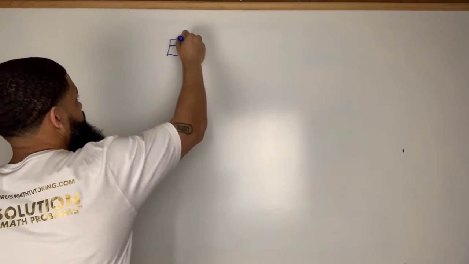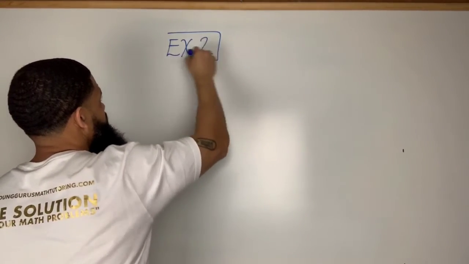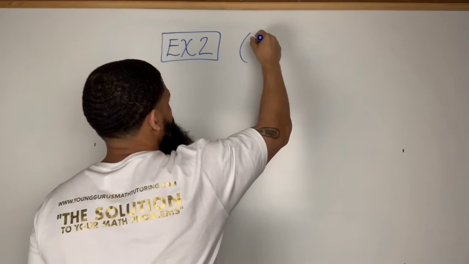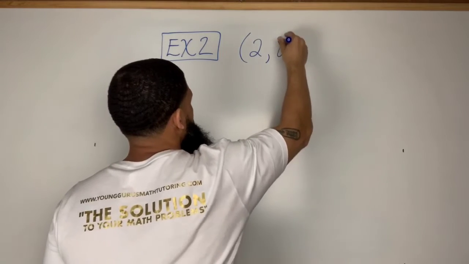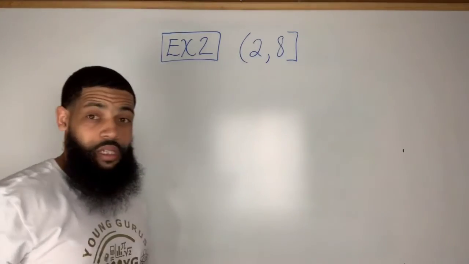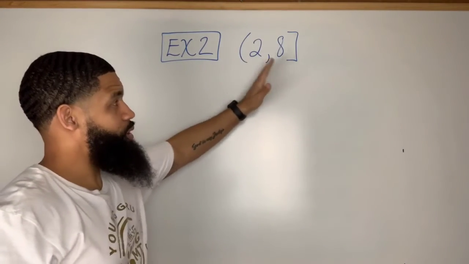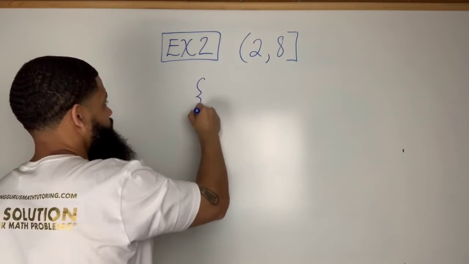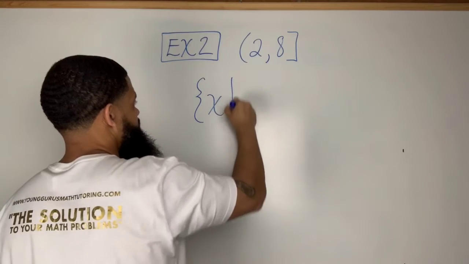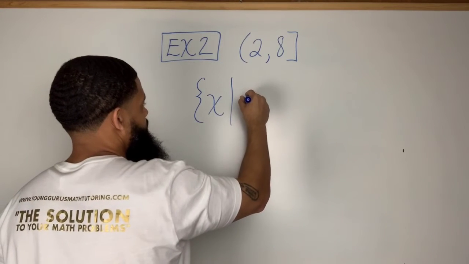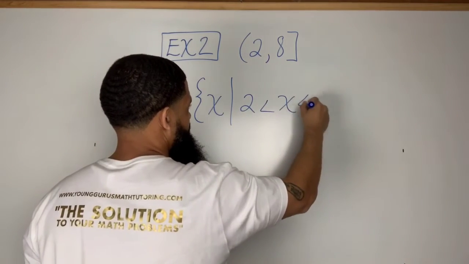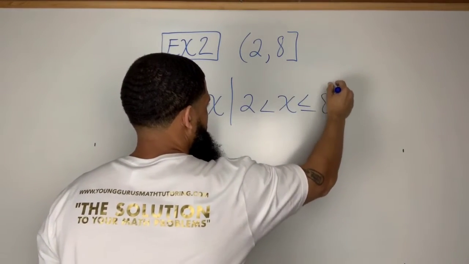So if I have example 2, and let's say I have the interval here, 2 to 8. Notice there's an open interval on the left side, a closed interval on the right side. Well, the way that we write that is we say the set of all x such that 2 is less than x, which is less than or equal to 8.